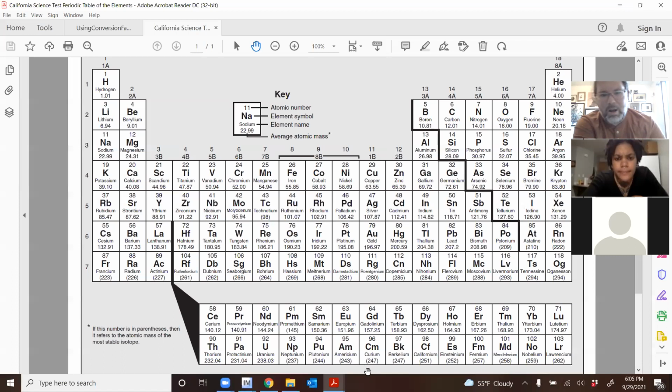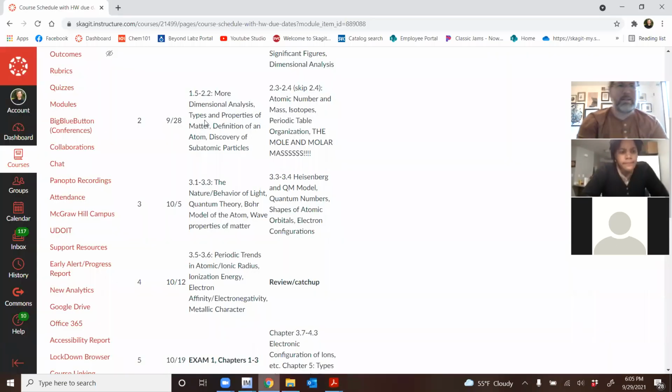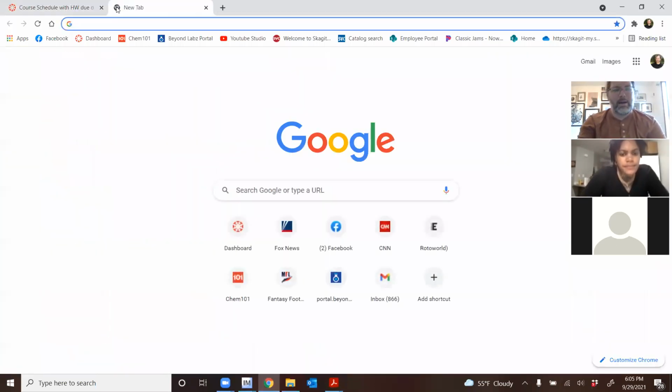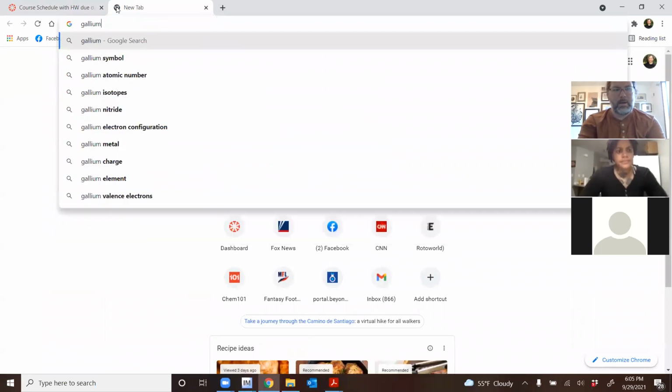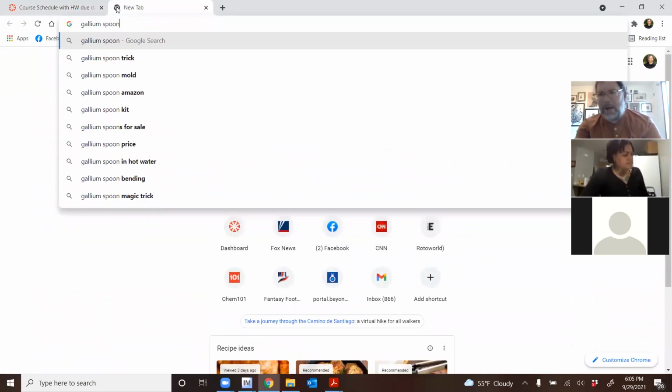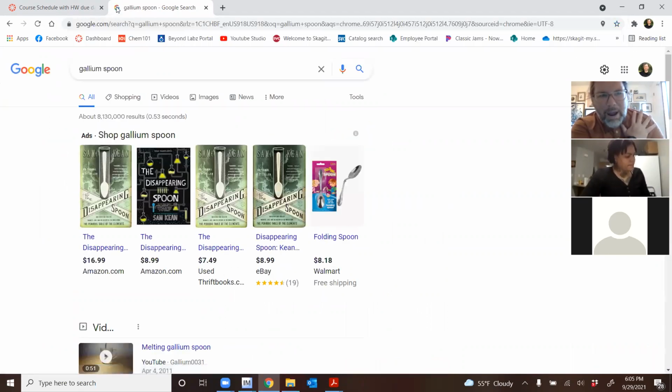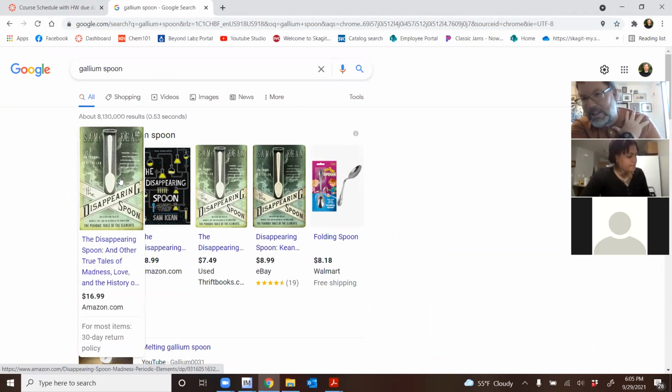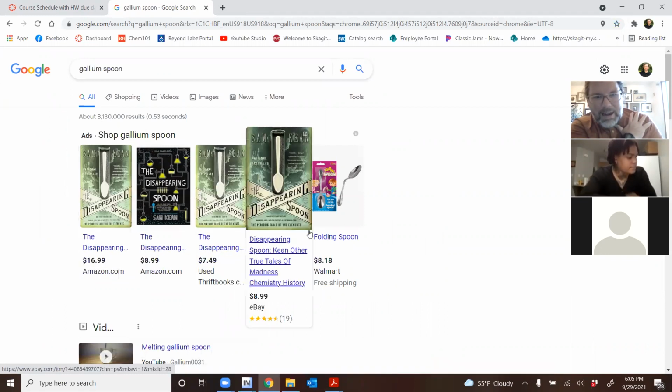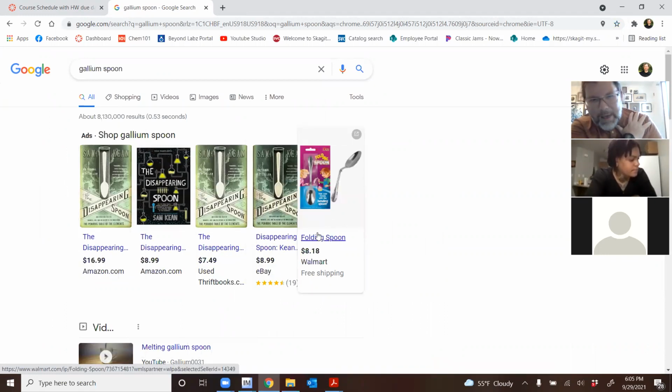So if you look, let's see where I can find that. So I'm Google searching gallium spoon, and it is a great prank spoon. So you can buy this spoon. It's a really expensive prank because gallium's not very cheap anymore. All right. $8.99. Wow, $8. That's not too bad. All right.